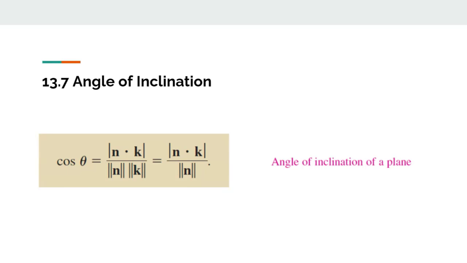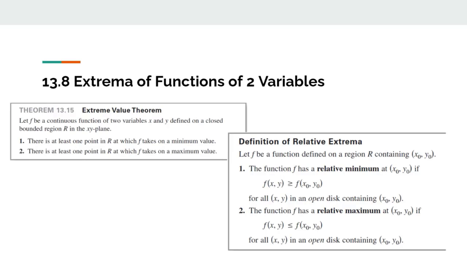Angle of inclination of a plane. I don't know about this one, to be honest. I don't know what k is. I think n is the normal vector. I guess k would be a vector on the plane.